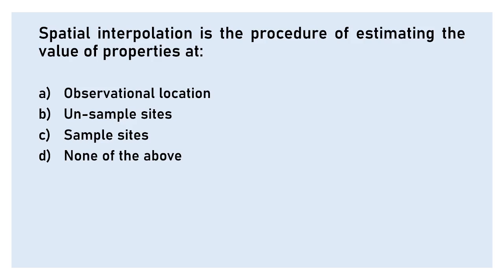Spatial interpolation is the procedure of estimating the value of properties at. This is the basic essence of spatial interpolation. So you can just look at the options and then let me know.